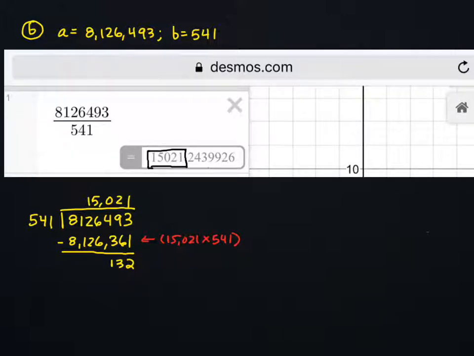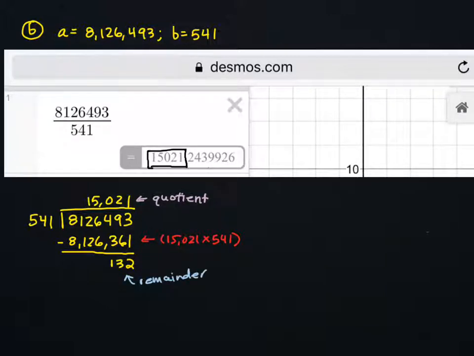So this tells me that my quotient q is going to be 15,021, and my remainder is going to be 132.